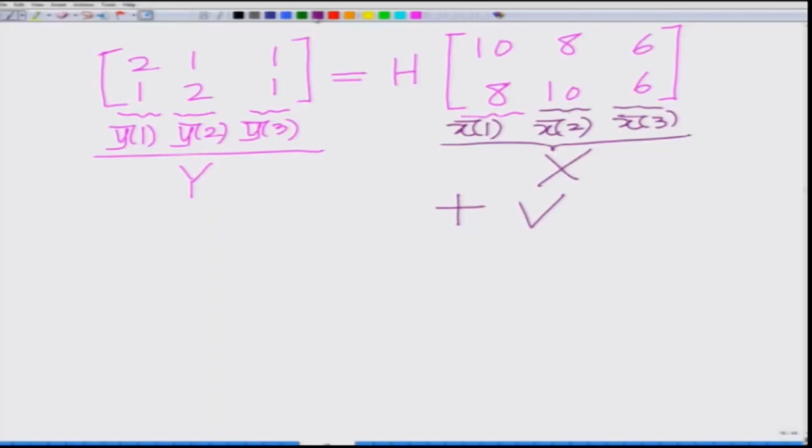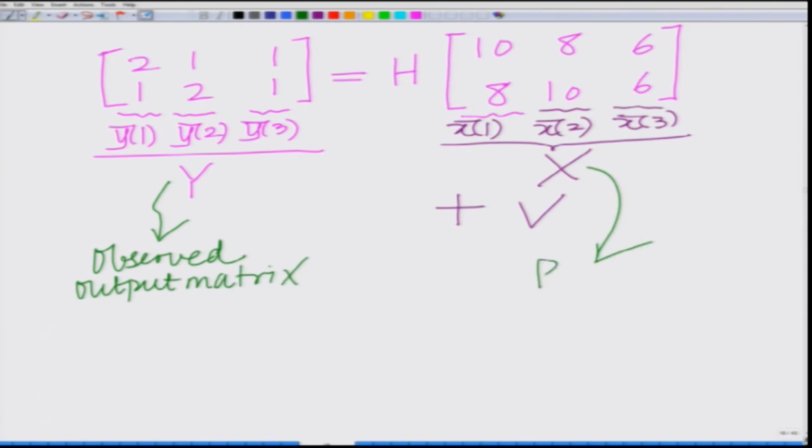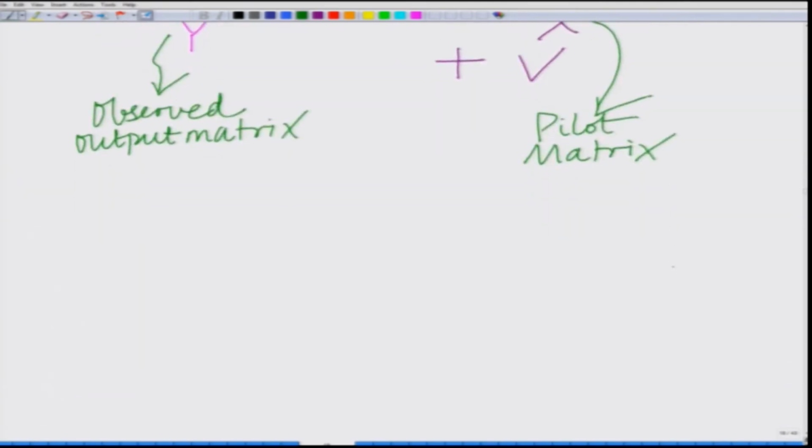This is your observed output matrix, this is your pilot matrix, and the least squares estimate of the MIMO channel matrix H we had seen yesterday.